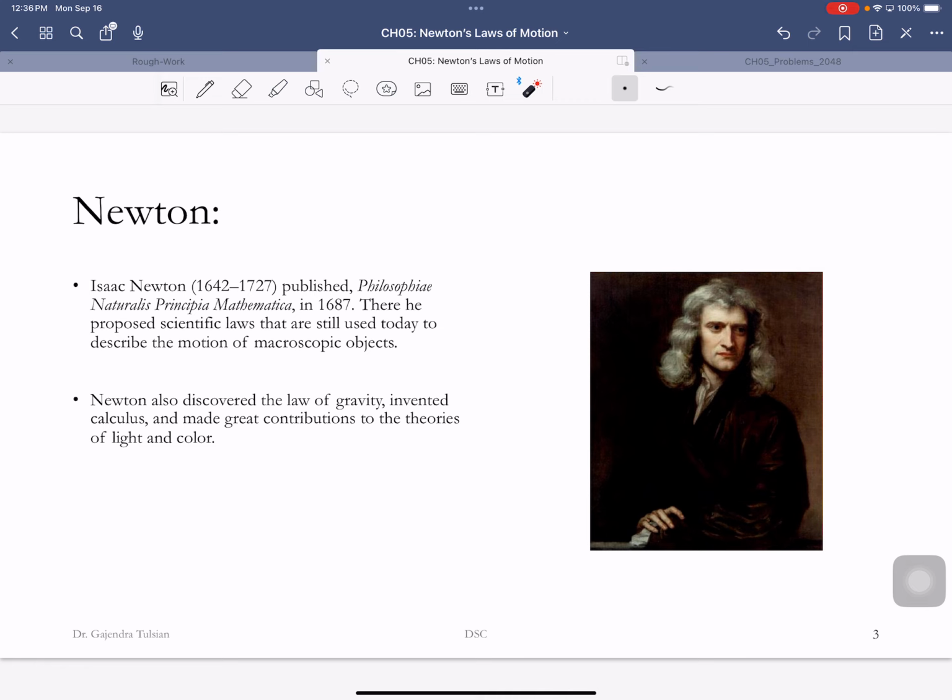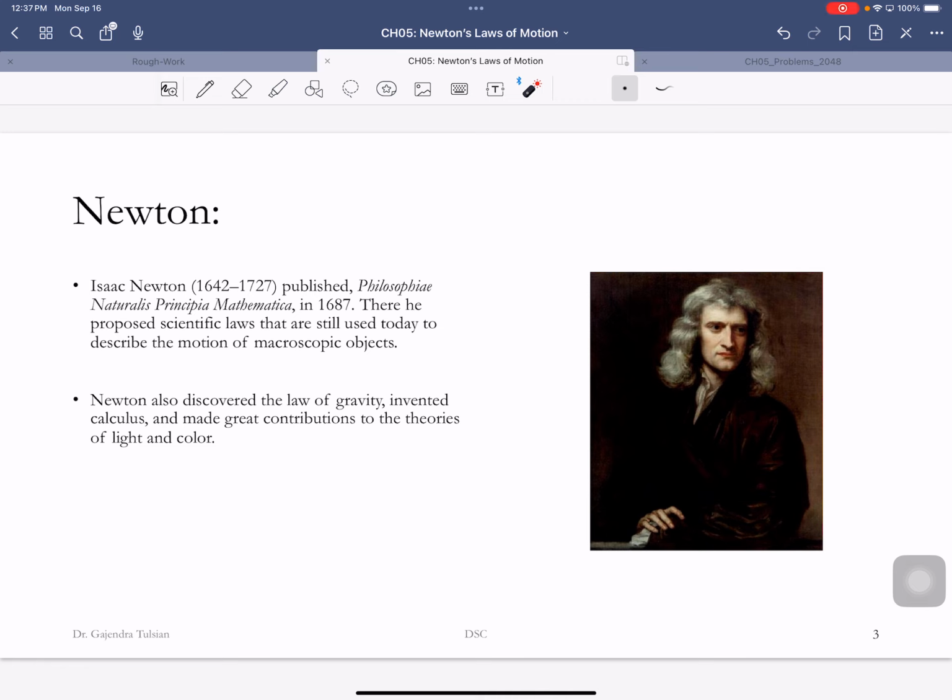Newton proposed scientific laws that we still use to describe the motion of macroscopic objects. What does that mean? Objects you can see. Right. Newton's laws do not apply for electrons moving around a nucleus. For that you need newer laws, which are quantum mechanical laws.